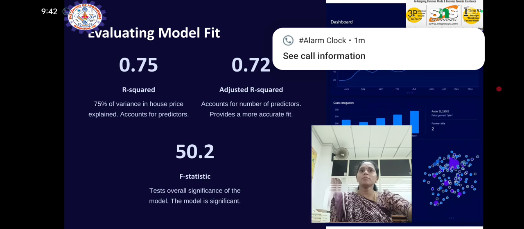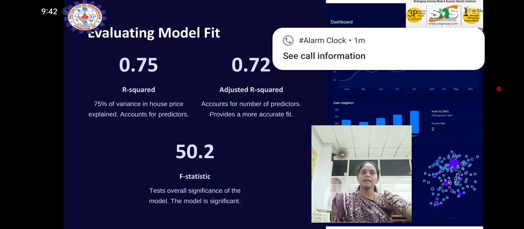Evaluating model fit, that is assessing how well a multiple regression model performs, is essential. This is where model fit metrics come into play. The R squared value indicates the proportion of variance in the dependent variable explained by the predictors.